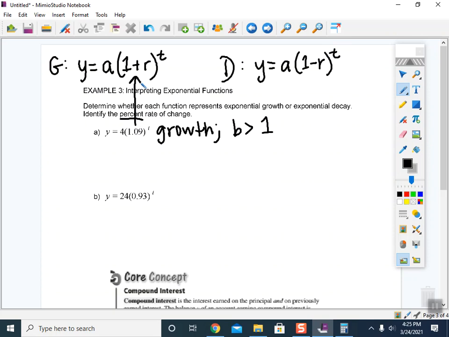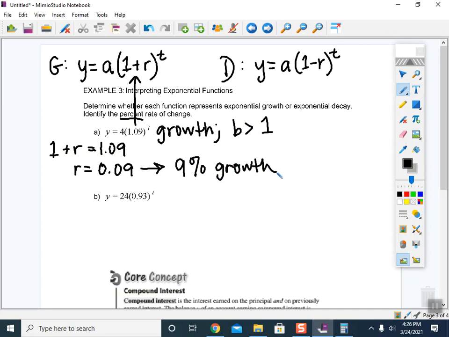So 1 plus r needs to equal 1.09. Then I'm just going to solve for r. Subtract 1 from both sides. r equals 0.09. What it is asking me for is the percent rate of change. So my r value is 0.09, but the percent rate of change is 9% growth. It is increasing by 9% every time.